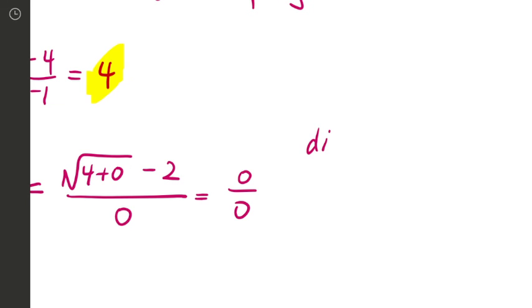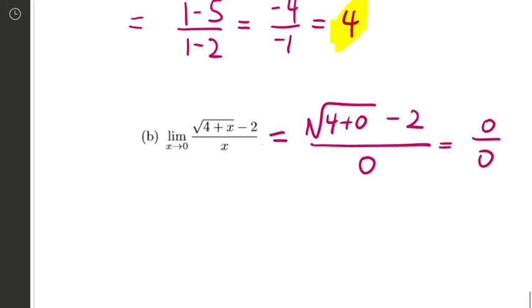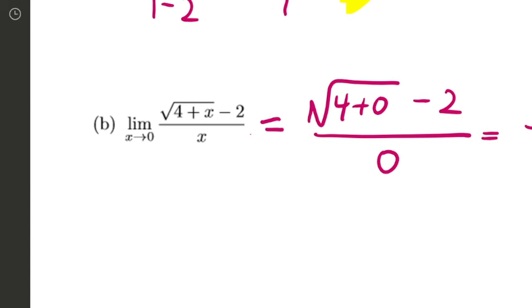So direct substitution does not work. So what's a strategy that we can try? Well, we have a square root here. This is not like a quadratic that we could factor, but we did go over conjugates. We did go over rationalizing, so we can rationalize the numerator.